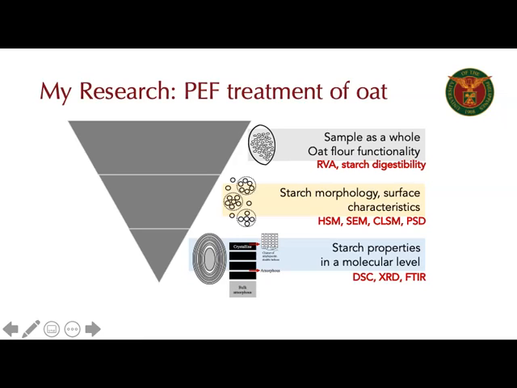Like for example, dito, yung buong sample mismo. Before I go into in-depth studies, and then later on deep diving into a more specific assessment ng structure at different levels, a macro level, and then going down dito sa molecular level studies. So basically, when significant changes are detected, then of course it would be reasonable for me to follow through with structural analysis to help me understand the observed functionality changes.